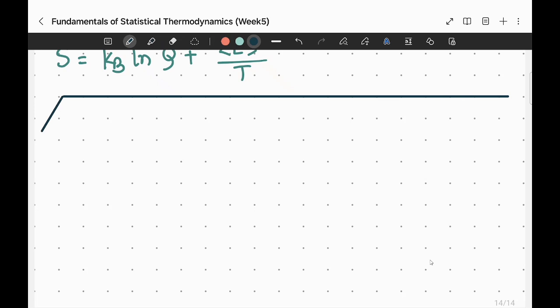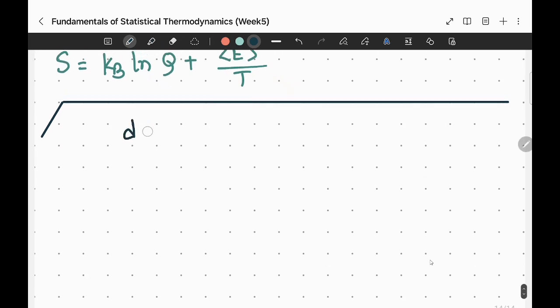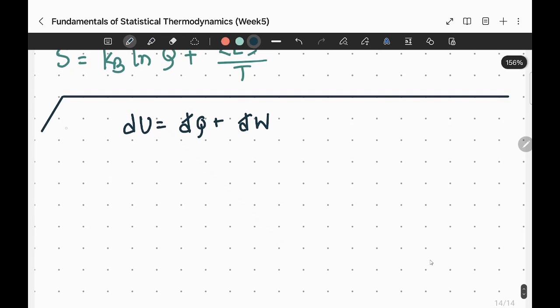Do you know this work and heat? You know from classical thermodynamics that dU is đQ plus đW. This is our change in internal energy. So how can you write it?